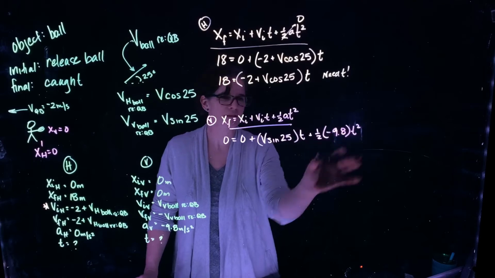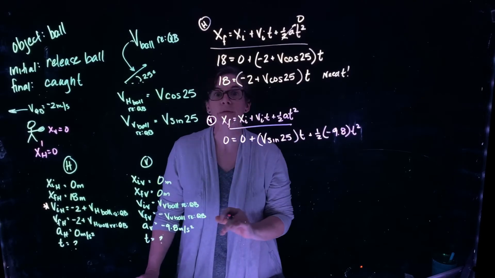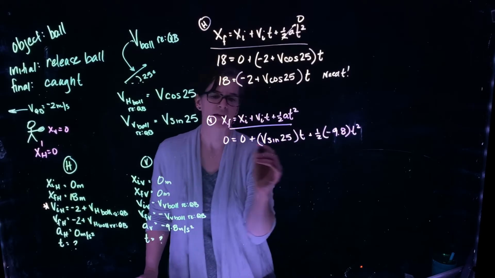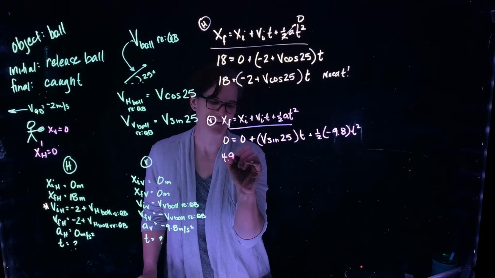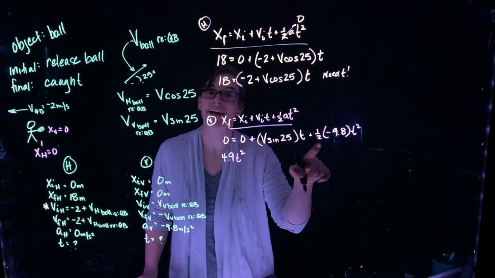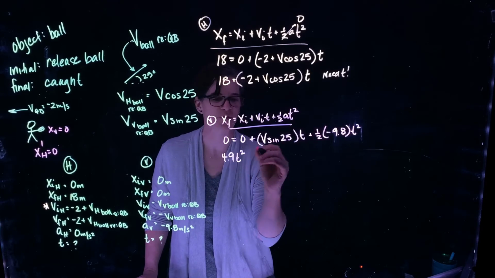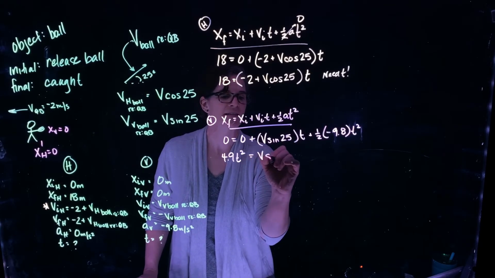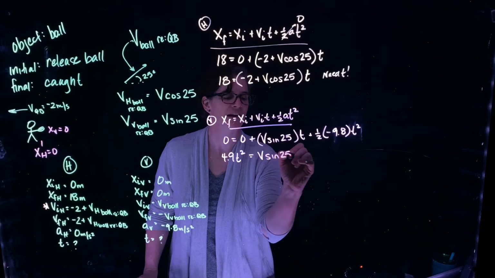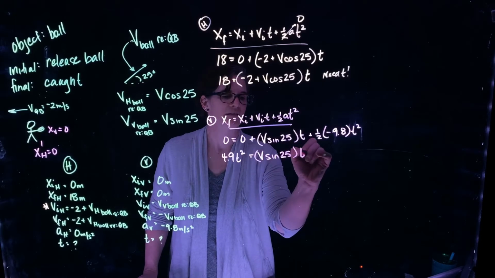So I'm going to simplify this. I'm going to bring this term over to the other side. These two zeros are going to go away. And I end up with 4.9 t squared, which is 1/2 negative 9.8, is negative 4.9. Bring that over. Is equal to v times the sine 25 times t.